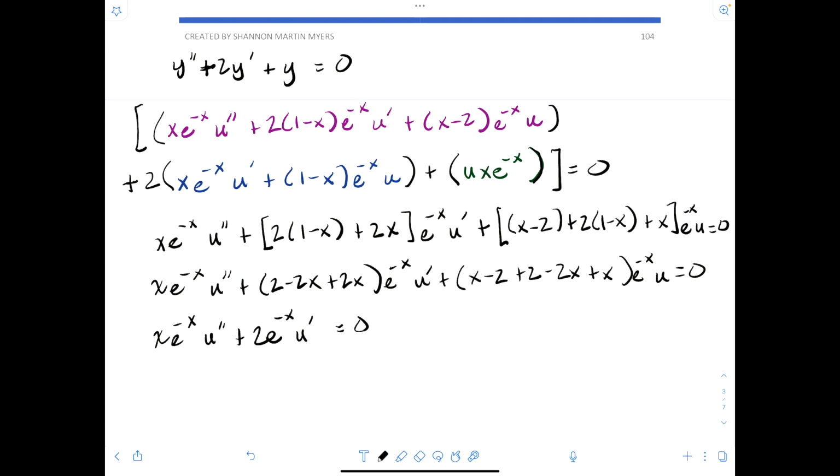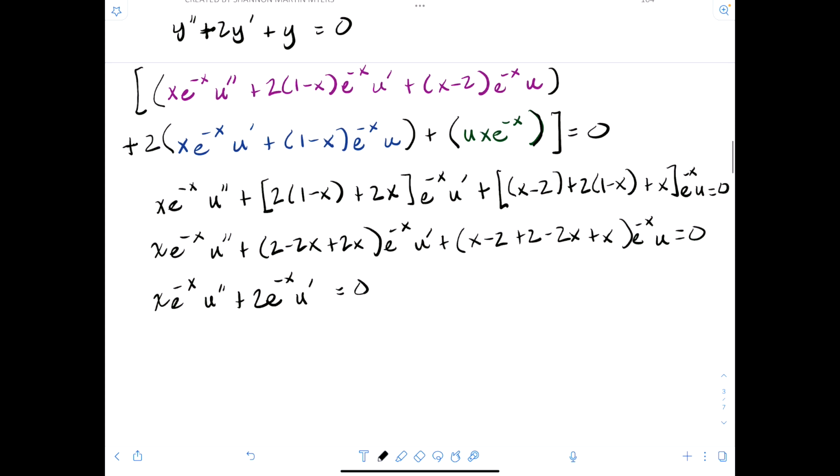And now let's take a look at how this will look if we factor out an e to the negative x, because we know that can't be 0. That's where I'm going with this. So we'd have x u double prime plus 2u prime equal to 0.